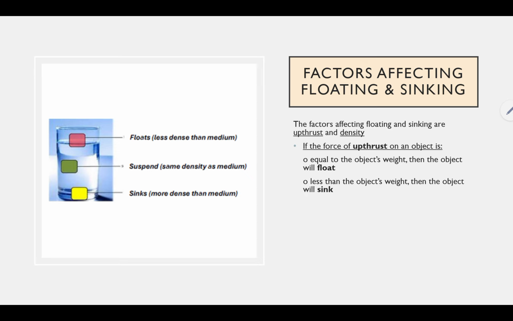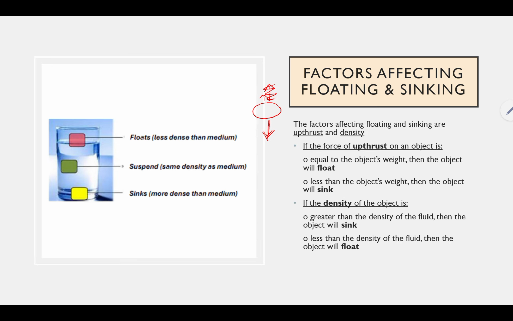Of course, you know the upthrust is the force that is pushing the object up. If this is equal to my weight, then the object will float. If it is less than the object's weight, then the object will sink. So if it's less, that means that the up force is much smaller, then the object will obviously sink.